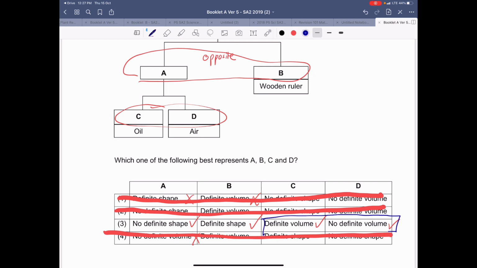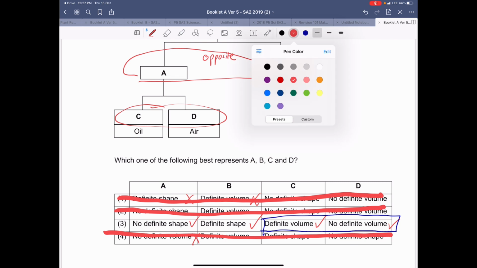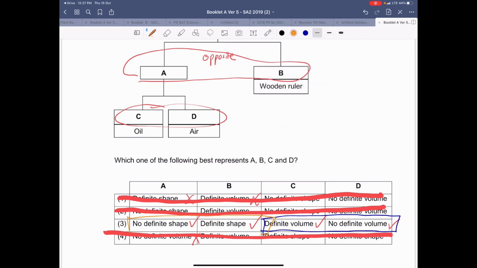Can you see? They are both talking about volume, just that one says has definite volume, one says no definite volume. And the other one is also a pair. So this is something that I want you to take note of. They should be talking about the same thing when they are at the same level for a flow chart like this. Am I clear? Yes. Okay.